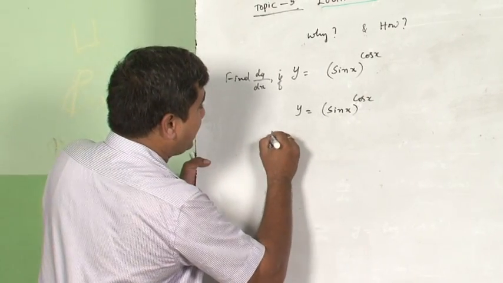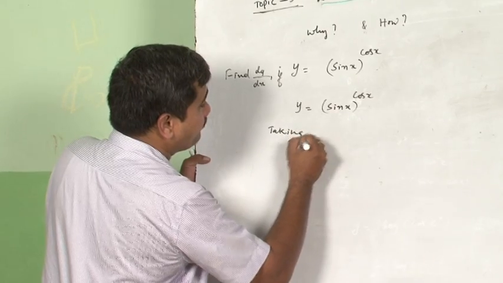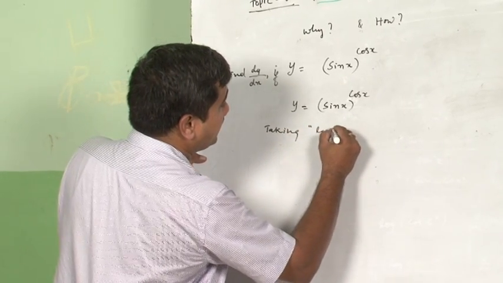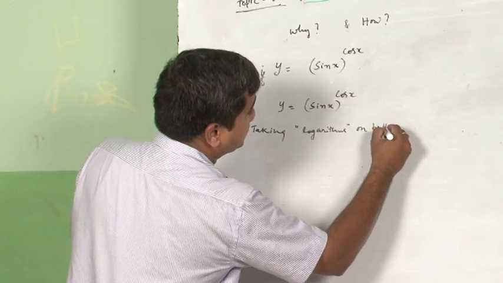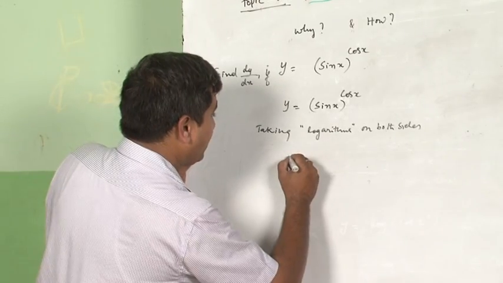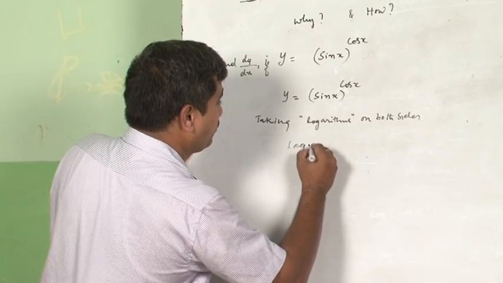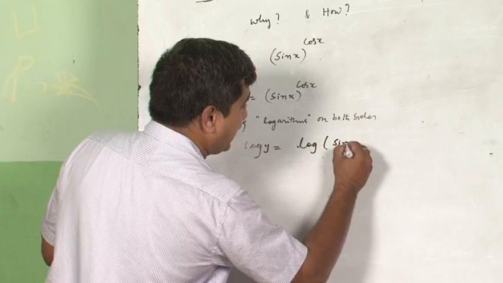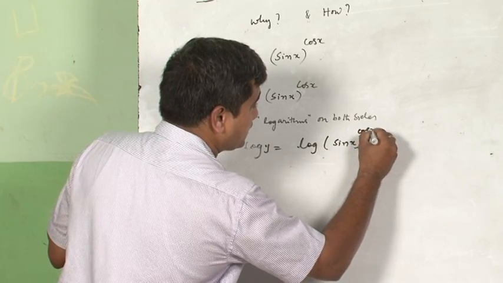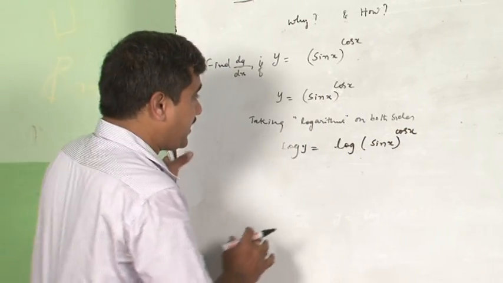Now, taking logarithms on both sides, you get log y is equal to log of sin x to the power cos x.